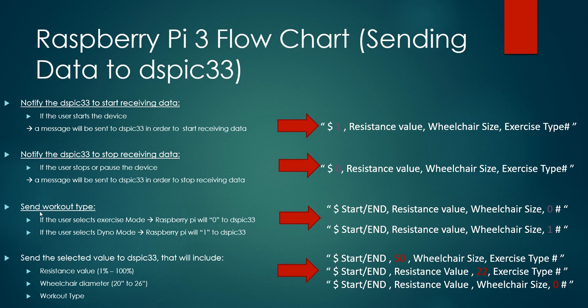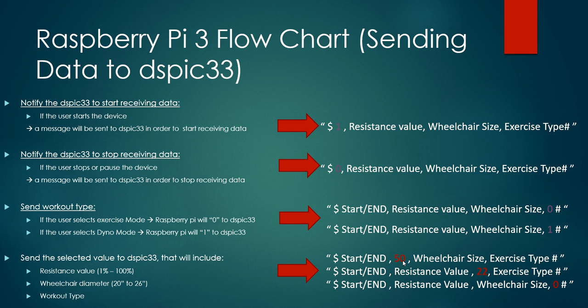Then we have the workout type, as you can see here at the end of the packet. When we have 0, it means the user selected exercise mode. When it's number 1, it means the user selected dyno mode. And then lastly, you can see here this character represents the resistance value.